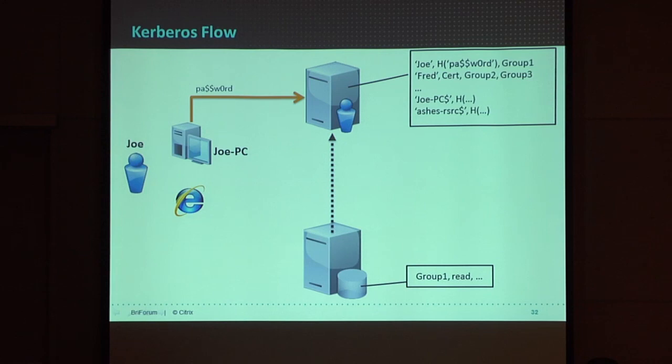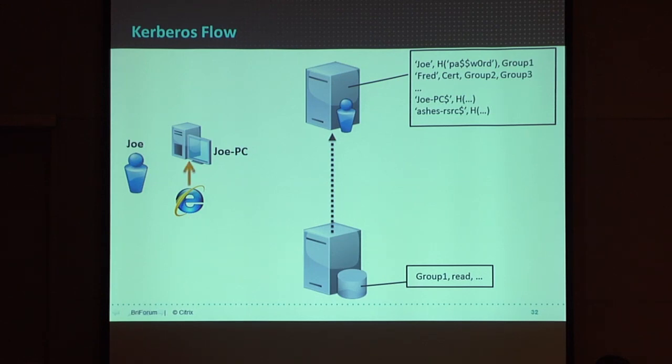Now, normally the model is you're logging into a Windows desktop, and you're immediately doing the Kerberos authentication phase to get a master ticket back. It doesn't actually have to be that way in Kerberos. That's just how it's normally done on Windows. But you get back a ticket, and then an application like, say, Internet Explorer that wants to call, say, SharePoint at the bottom calls SharePoint and gets a challenge to authenticate.